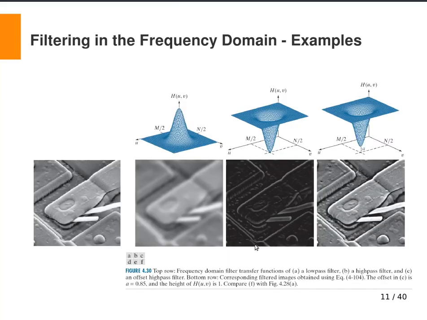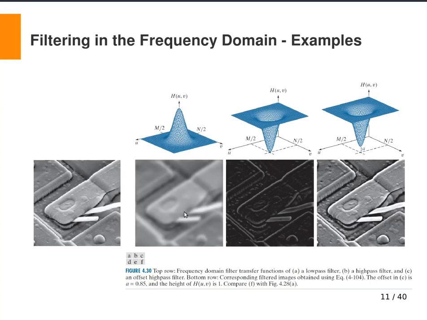So here let's just quickly take a look at some of these filters in the frequency domain. We will go over more detail later on too. Here again we have the same electron microscope image. If we have the transfer function h be a Gaussian, we expect to have a smooth version of the image.